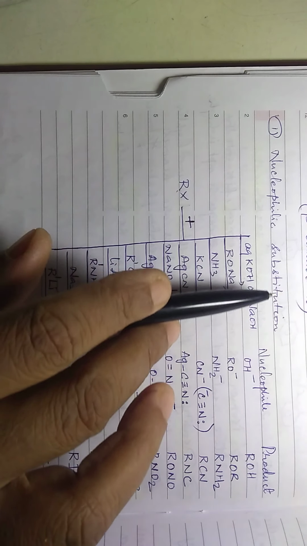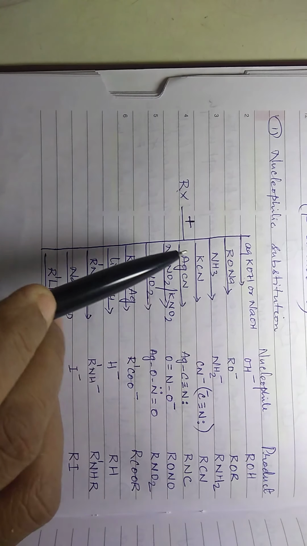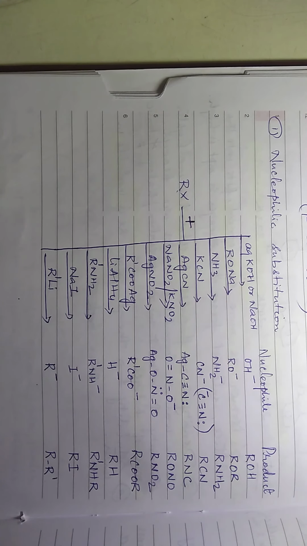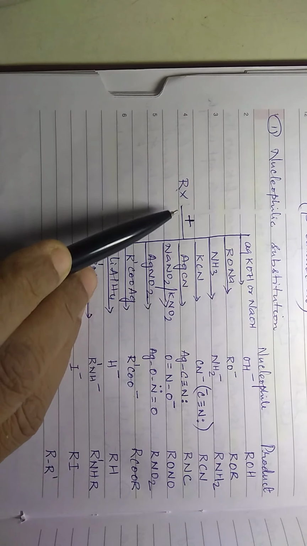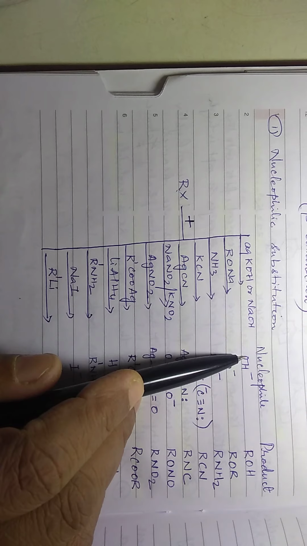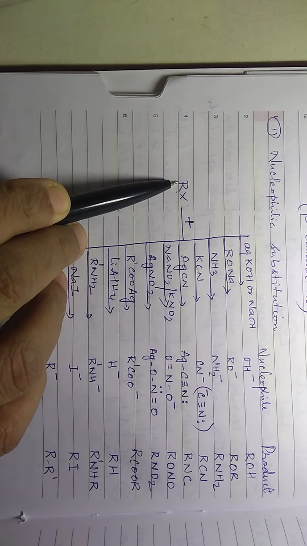So nucleophilic substitution, what does it mean? A stronger nucleophile replaces a weaker nucleophile. Only then it can be substituted, isn't it? The incoming one, if it is stronger, then only it can substitute. So OH minus substitutes X minus. Why? Because this O of OH will form a stronger bond with carbon of R. Okay, that is why it is able to replace it.